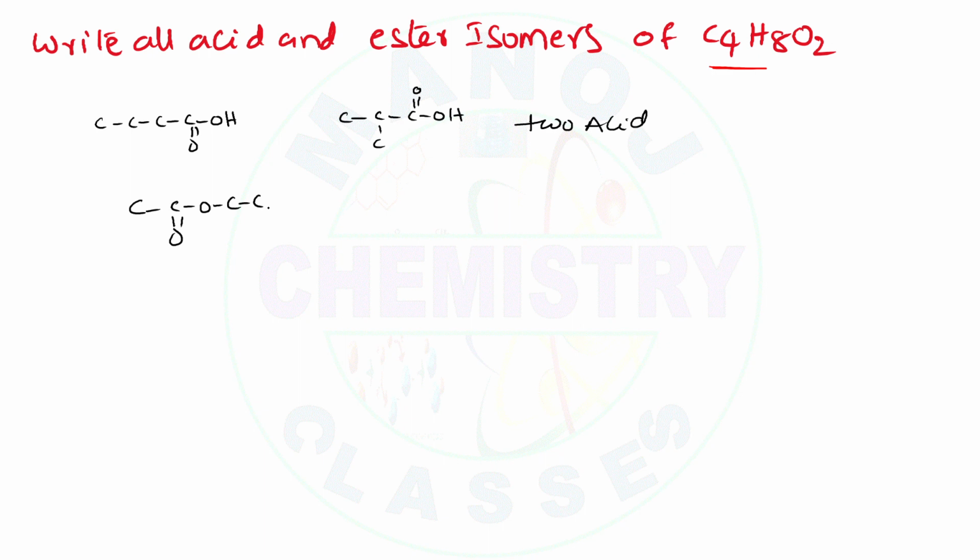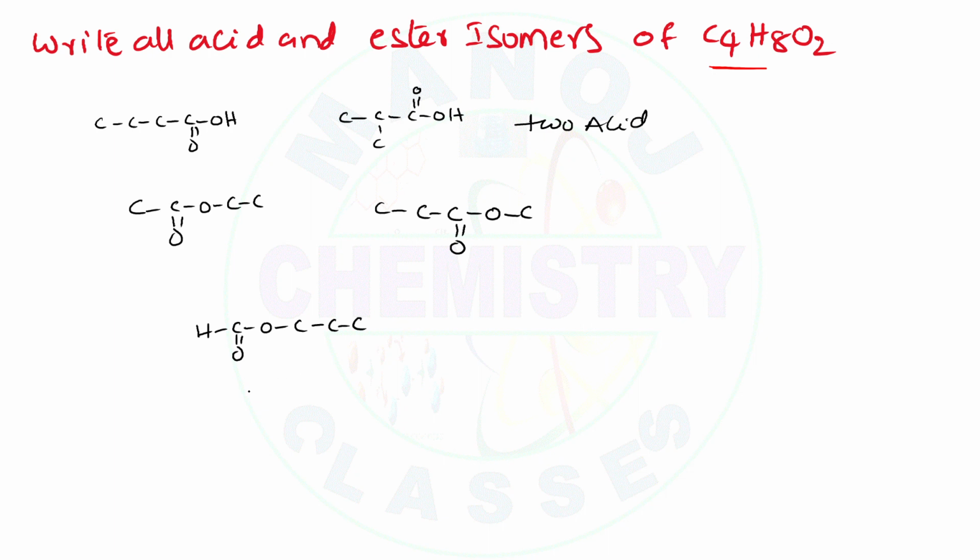This is the first ester isomer, whereas another ester isomer is CH3CH2COOCH3.